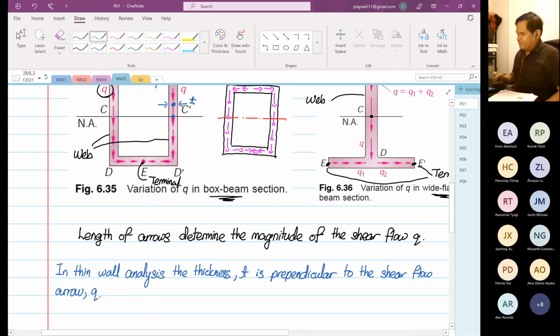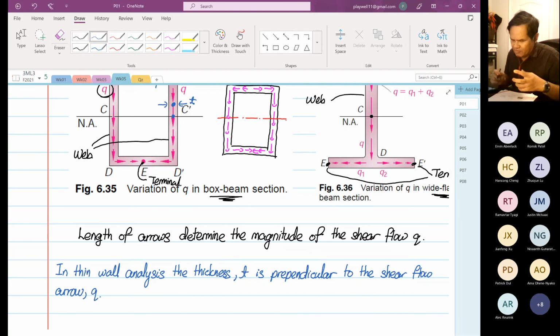Okay, so now let's look at the difference between thick wall and thin wall analysis.